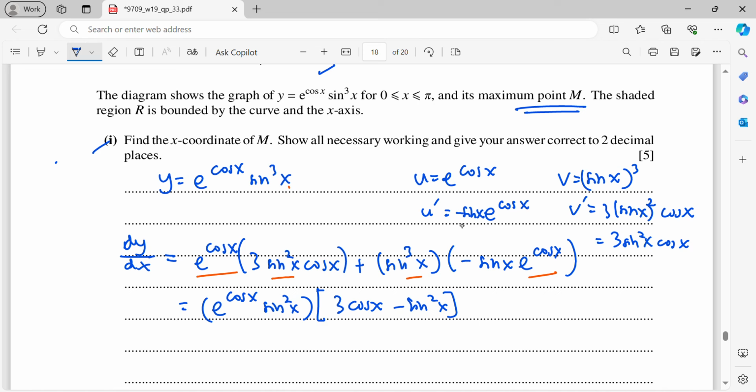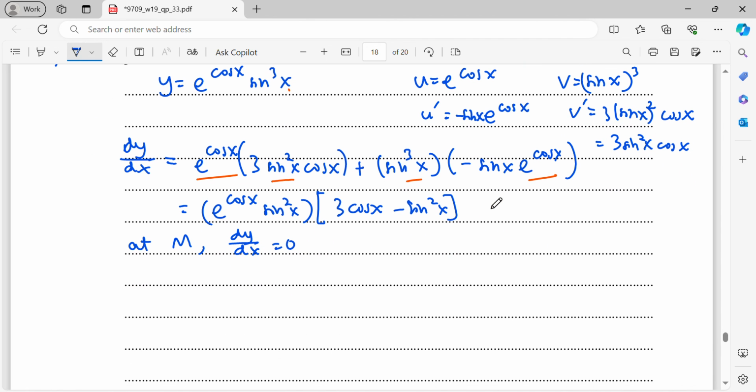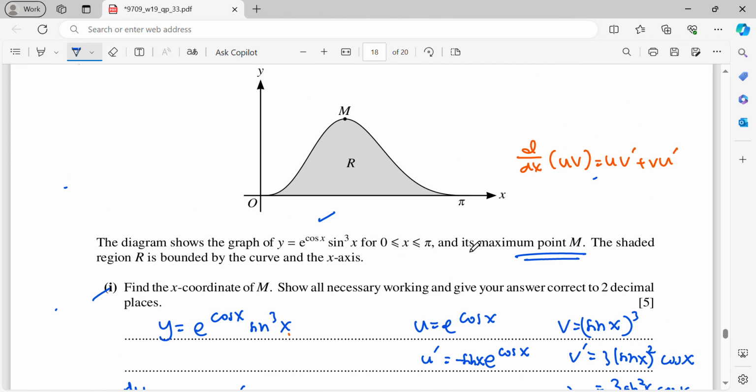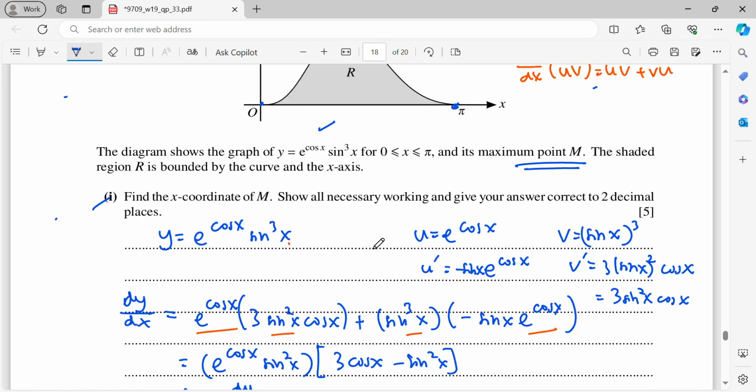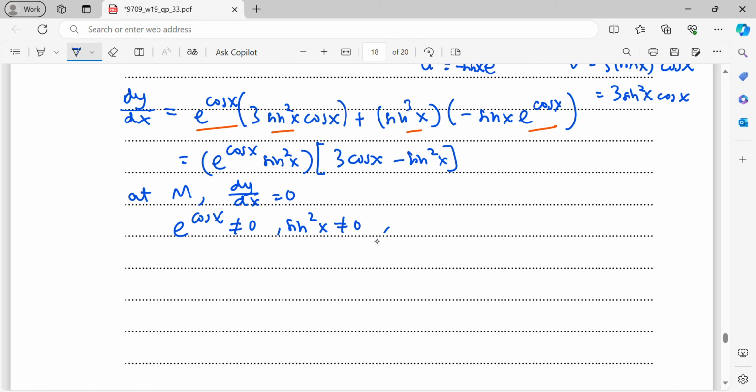Now at M, dy/dx equals 0. So e^(cos x) cannot be 0 because the exponential graph is always above the x-axis. Sine squared x cannot be 0 at M because when sine squared x equals 0, x will be 0 or pi, and obviously M is not at 0 or pi. Therefore, 3 cos x minus sine squared x must be 0.